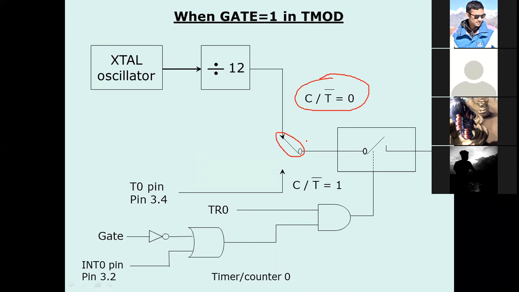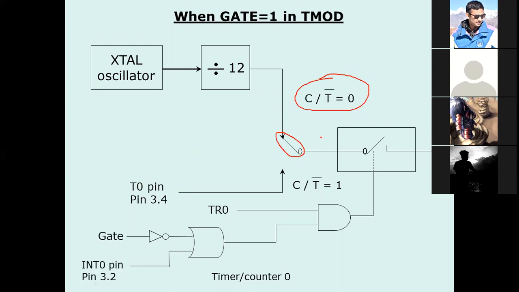Sir, timer operation. C/T bar is 0, so counter operation will not happen; its value should be 1. Then the result will be counter operation in this particular case. Okay, forget about that. Whatever be there in the figure, we'll discuss this, then after that we'll change this.